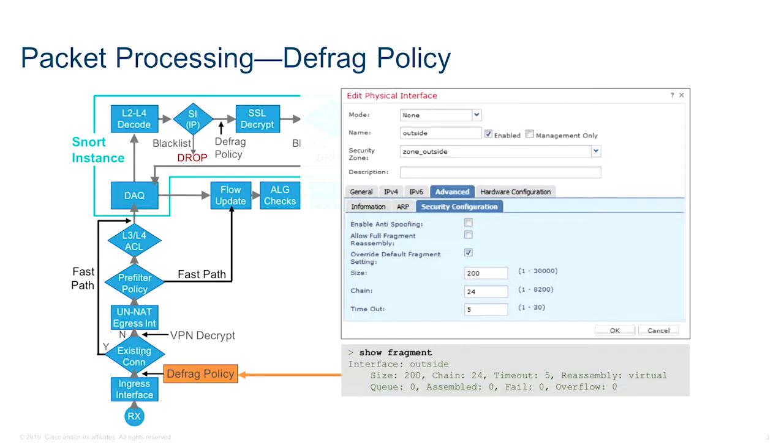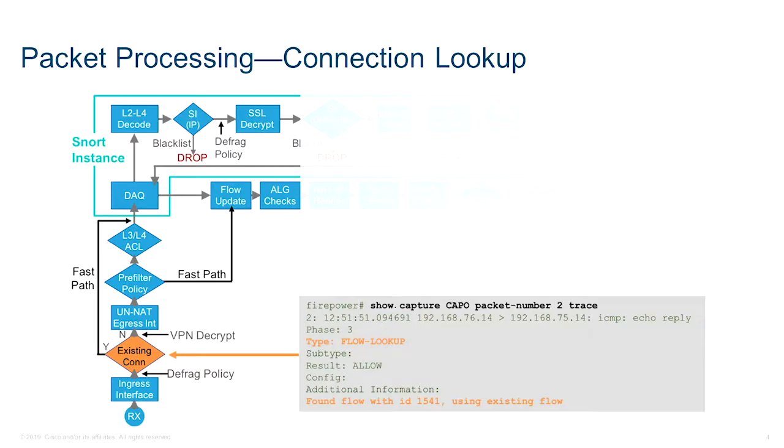So we can literally go in here and define the number of packets in a series of fragments, or what's referred to as the chain, the actual size of those fragments, and the timeout from the time the first fragment in the chain was received to the time the last one is received. So I want to say it again, this is on the appliance and interface defragmentation policy.